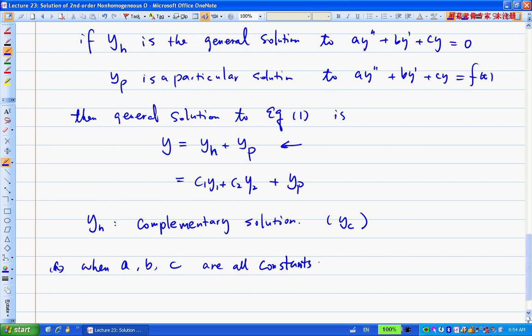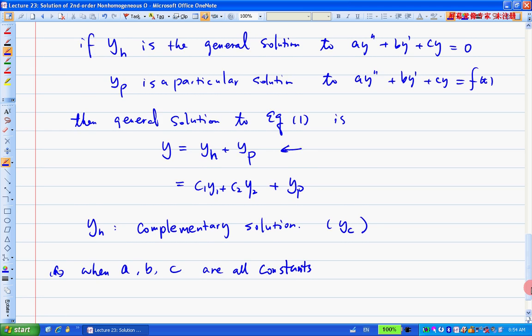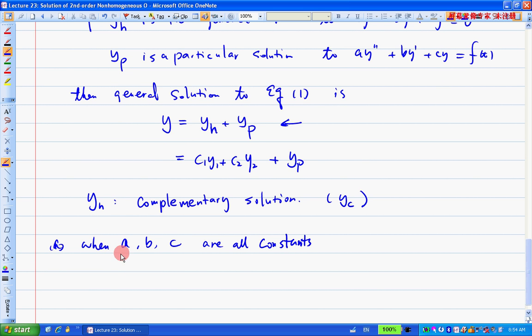When they are all constants, the method that we're going to use is the so-called method of undetermined coefficients.